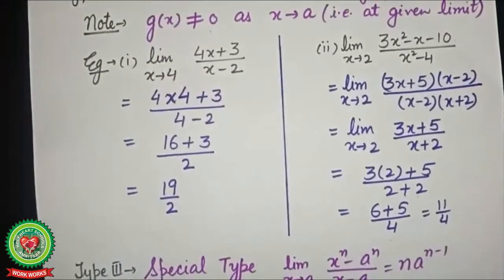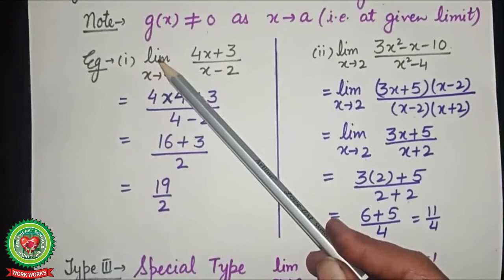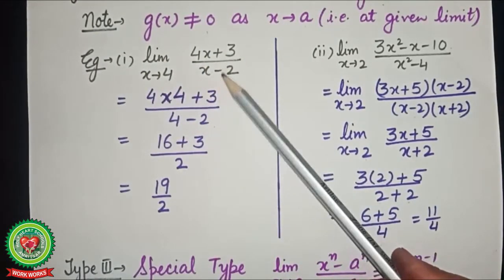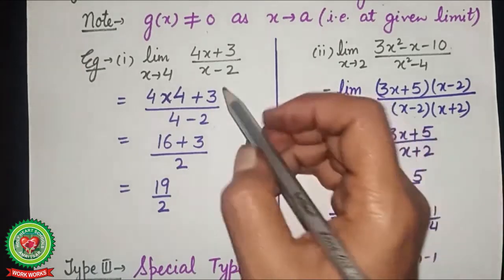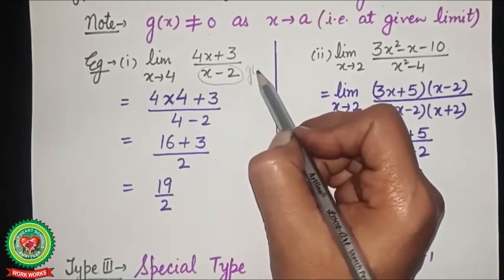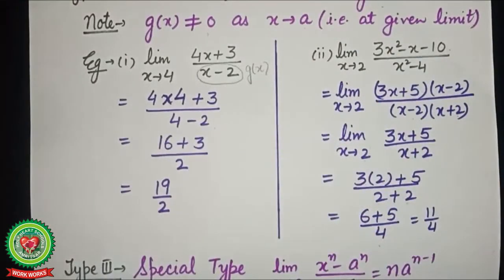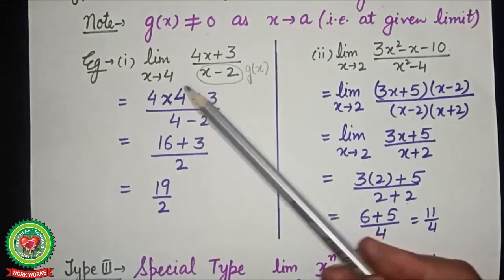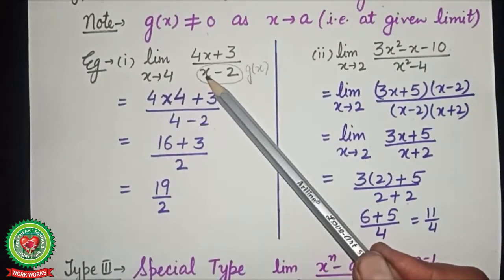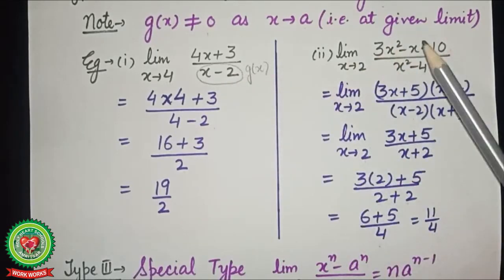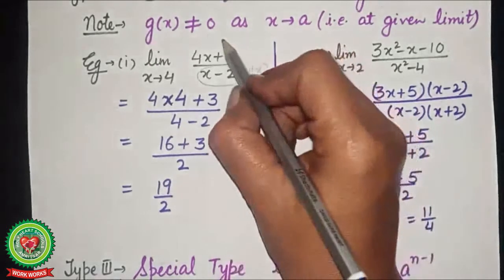Example number 1: limit x approaches 4 of (4x plus 3) upon (x minus 2). In this case, this is the g(x) denominator. Firstly, you will check the value of the denominator. When you put 4 in the denominator, 4 minus 2 is not equal to 0. So, here we can do the direct substitution.